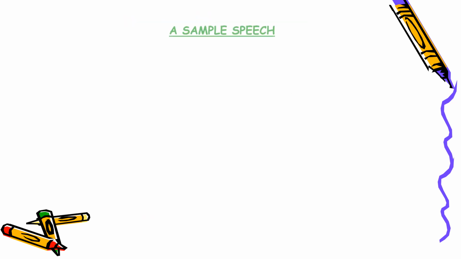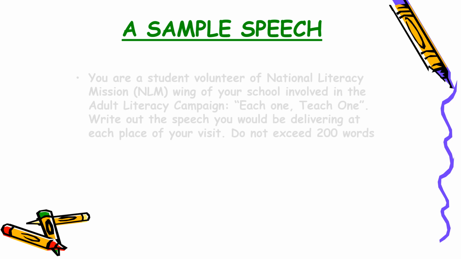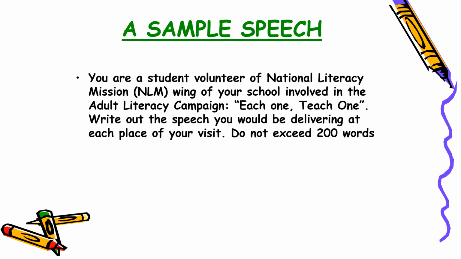Now here is an example of a question. Now the moment you get this question, what things should be clear? Just like I said, read the question very carefully. So what have you done? You have to see who you are. You are a student volunteer. Name is not given, so you will not disclose your own name.